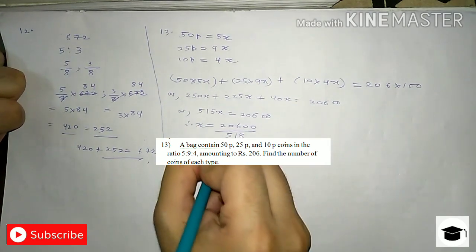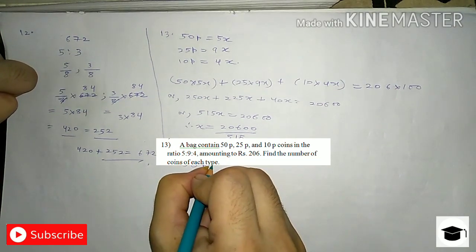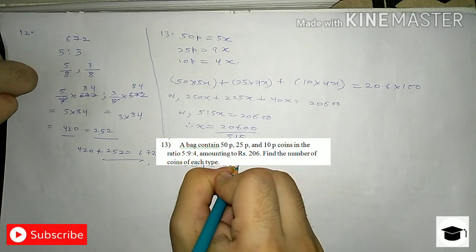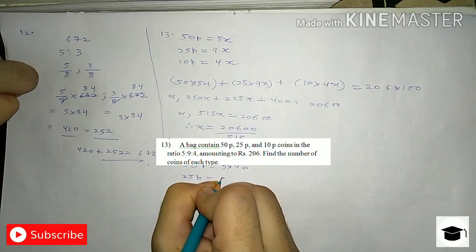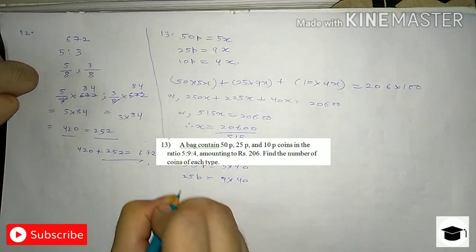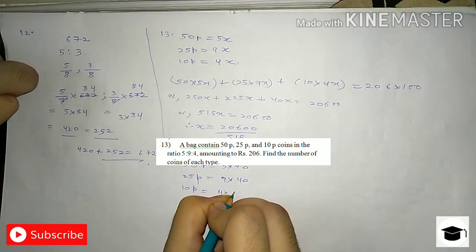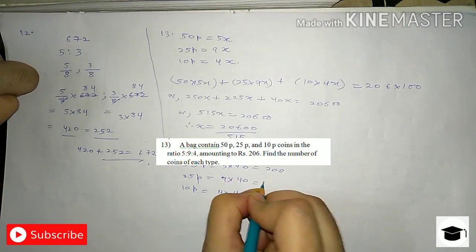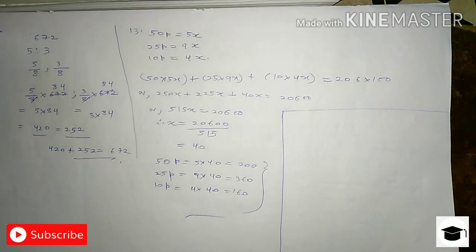So the value of x is 40. So the number of 50 paise coins is 5 into 40, 25 paise, 9 into 40 and 10 paise. This is the answer. The last question for today.